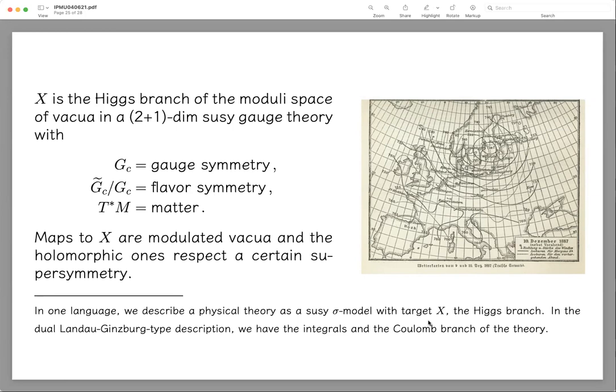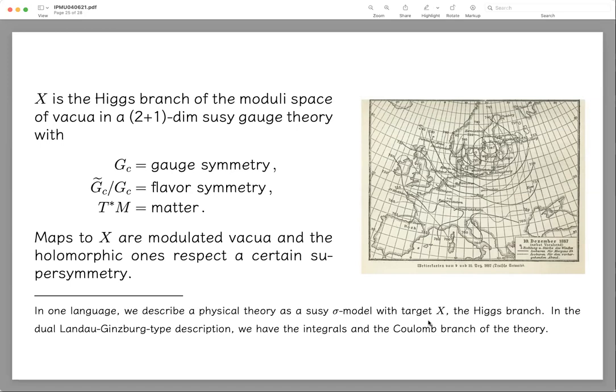And if we want to compute an index, we might as well go to this infrared description. Instead of computing the index in a microscopic description of a physical theory, we might as well take this macroscopic description. And second, since we have so much supersymmetry at our hands, we might as well use it and compute the index not with all possible maps, but only with the holomorphic maps.